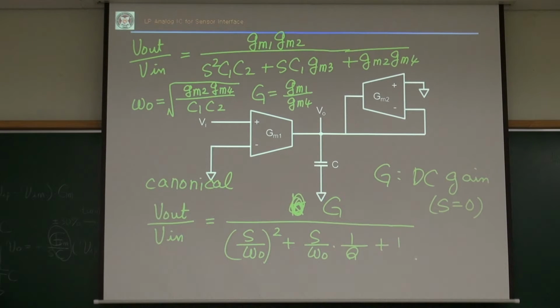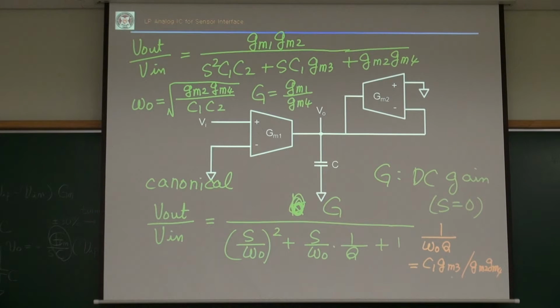So my omega 0 Q will be, this should be 1, right? Okay. So this is C1 GM3 divided by GM2 GM4.